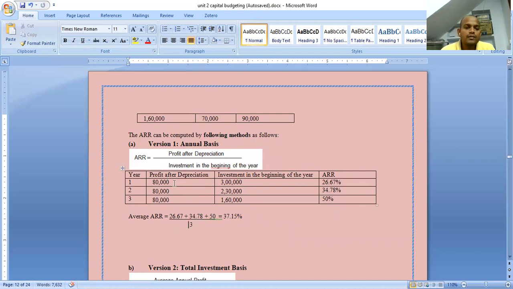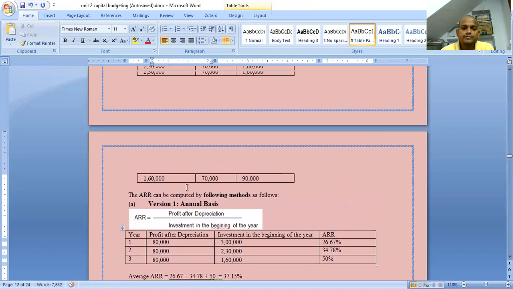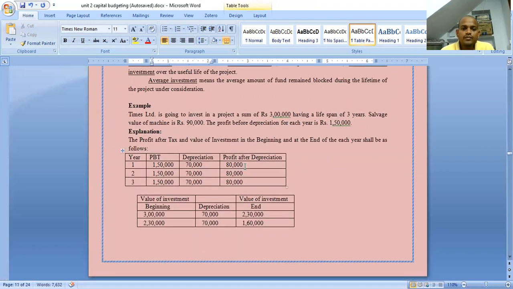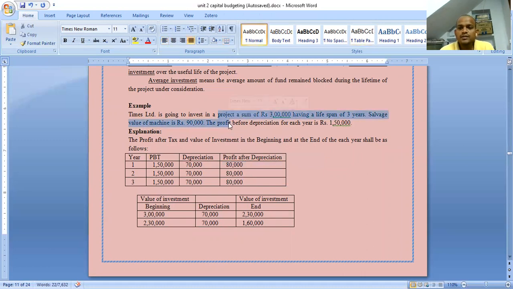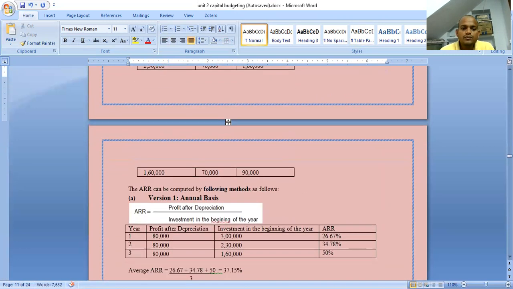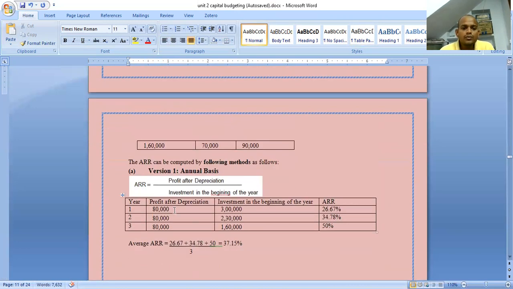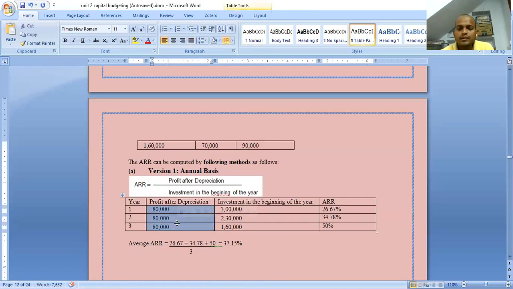See, profit after depreciation. We have to consider profit after depreciation because there is no tax mentioned here. Okay, so profit after depreciation and investment in the beginning of the year 3 lakhs.